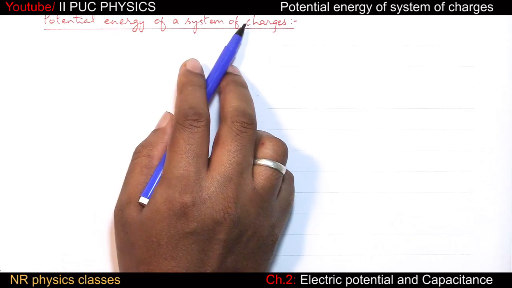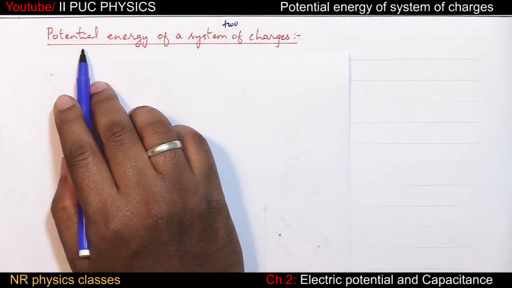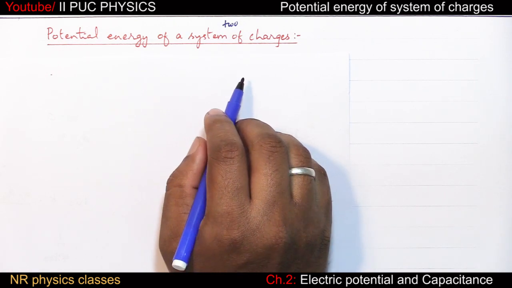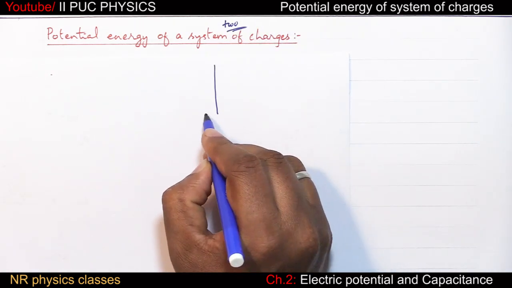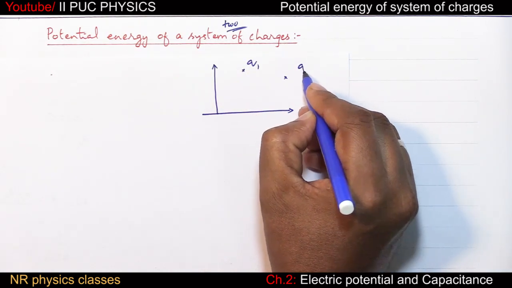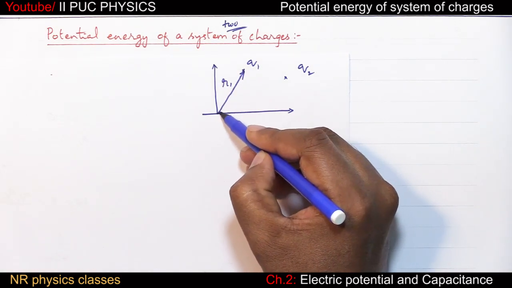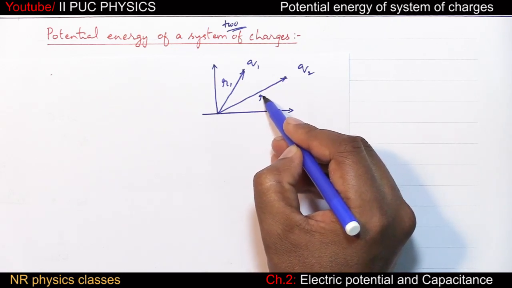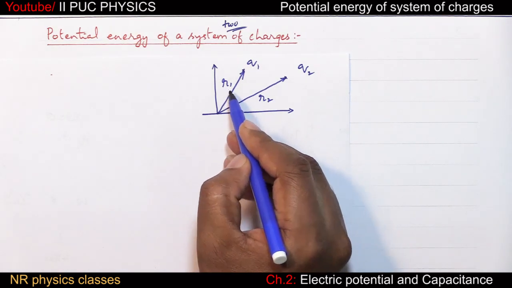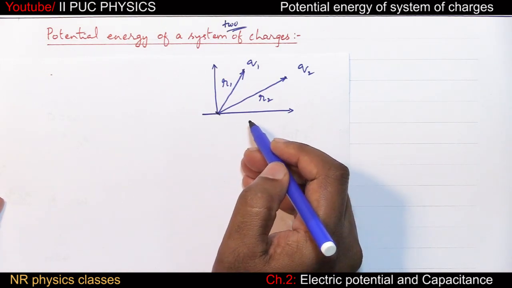Potential energy of a system of two charges. This is a Cartesian coordinate system with position vectors. So R1, R2 are the position vectors of Q1, Q2 with respect to the origin.